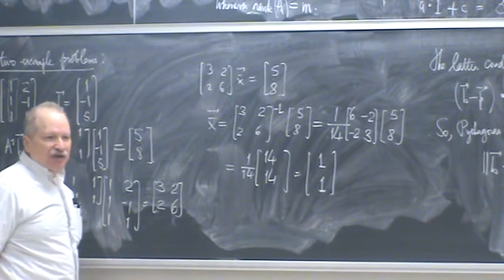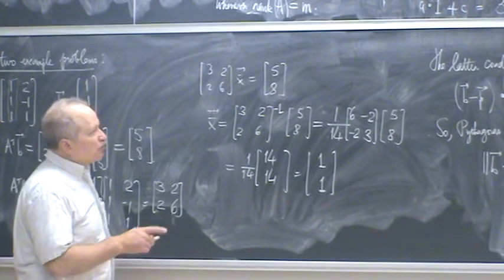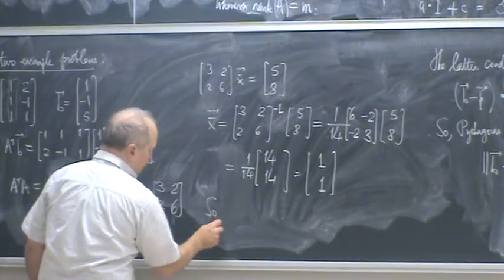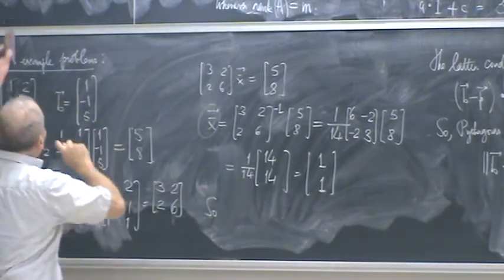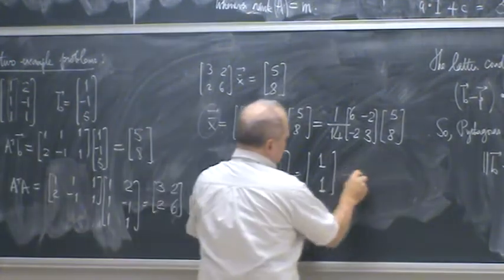So what does this tell me? It tells me that the projection, the least squares solution, is this guy. When we were trying to solve, this is called the least squares solution.